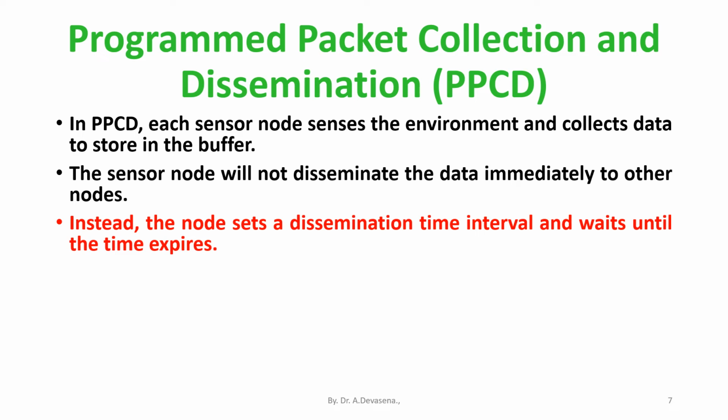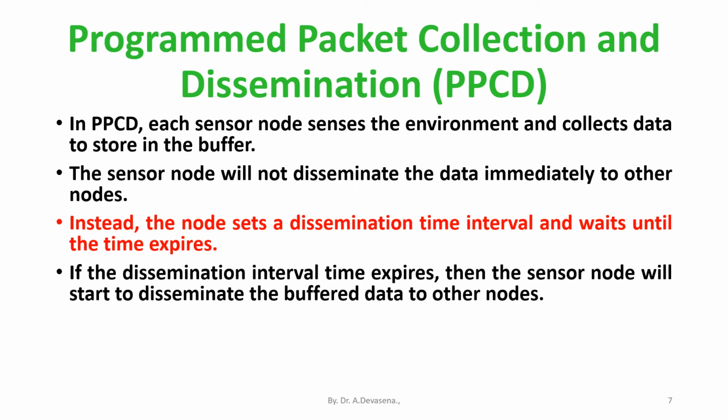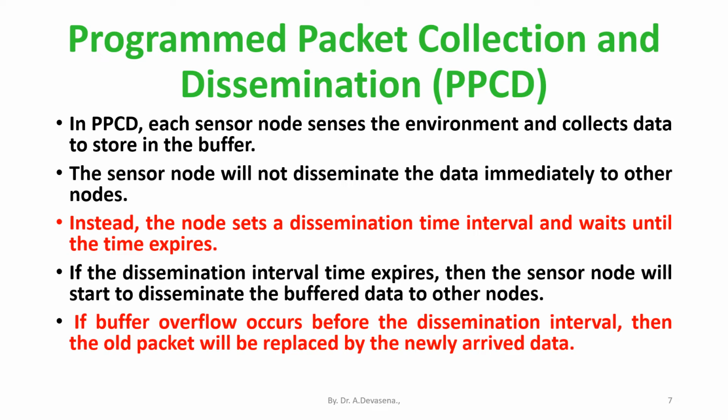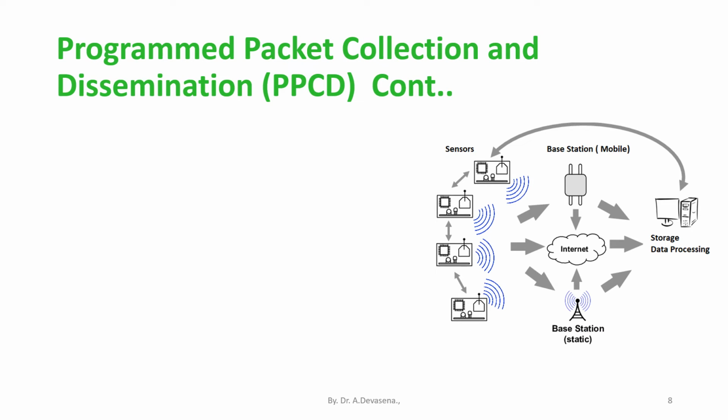When the dissemination interval expires, the sensor node will start to disseminate the buffered data to other nodes. If buffer overflow occurs before the dissemination interval, then the old packet will be replaced by the newly arrived data.